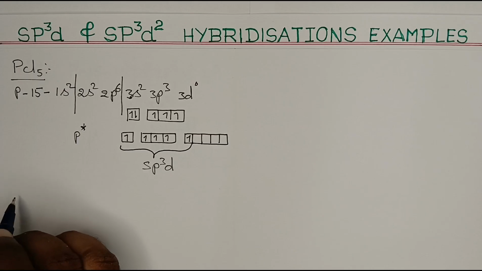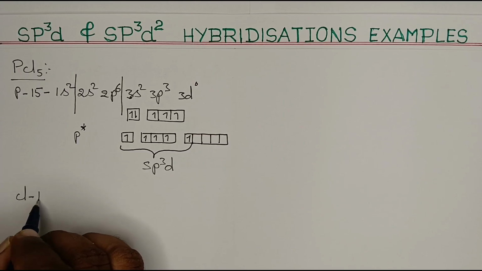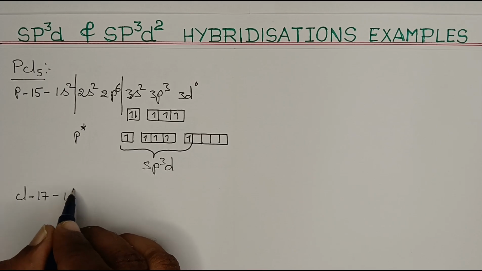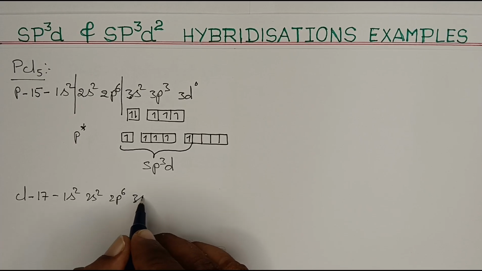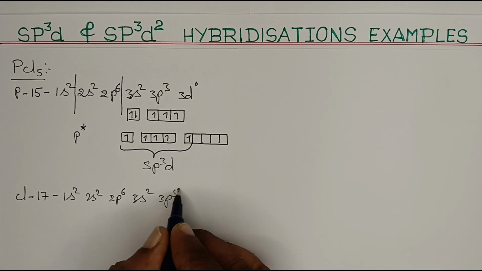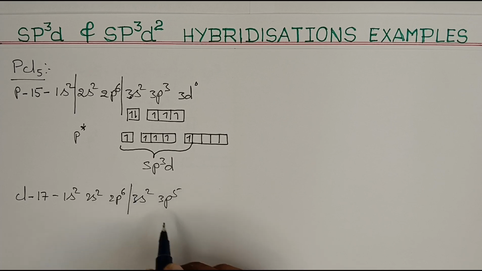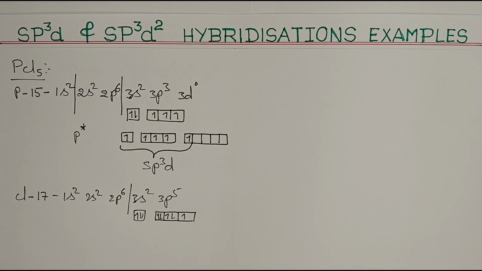And chlorine atomic number is 17, 1s2, 2s2, 2p6, 3s2, 3p5. So in its outermost level, it contains 1 pz electron, ready for bond formation.